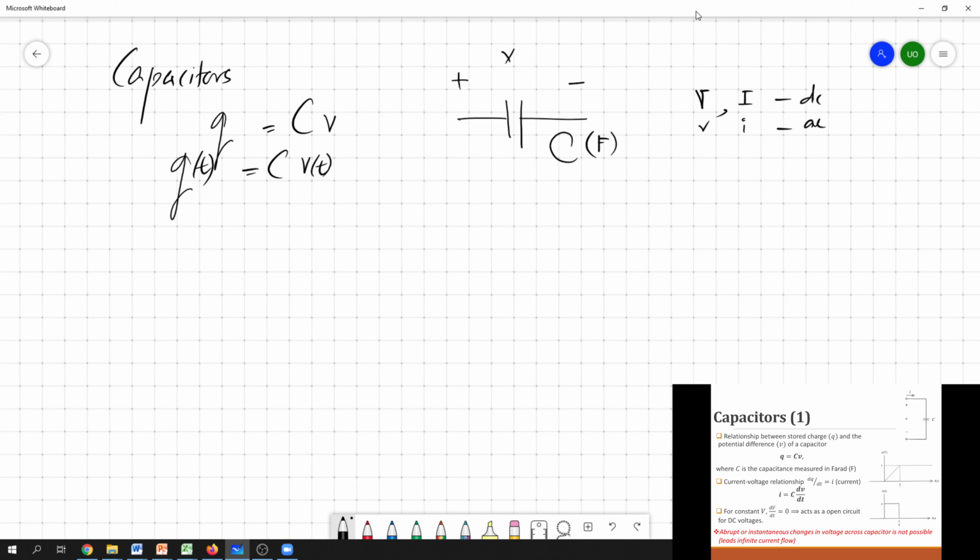A capital V or capital I represents a DC quantity, a constant that does not depend on time.